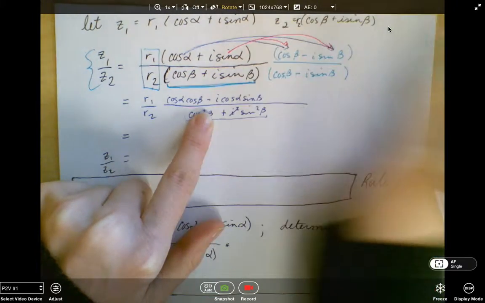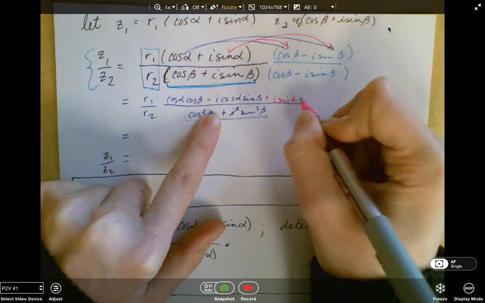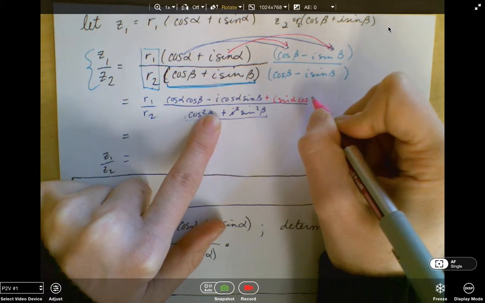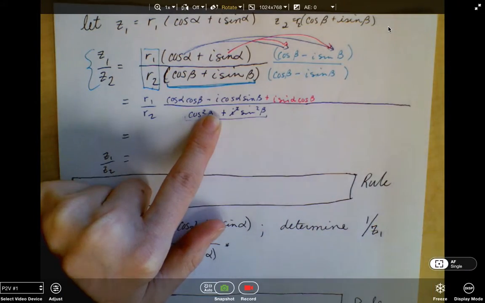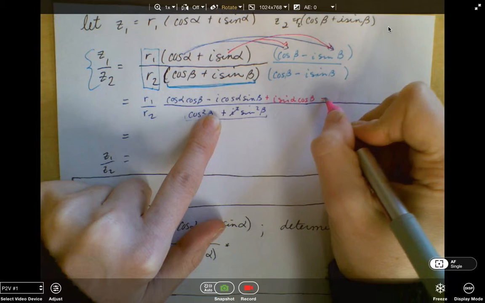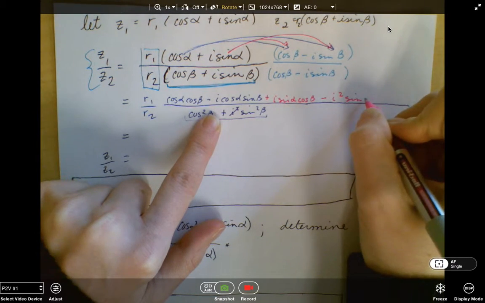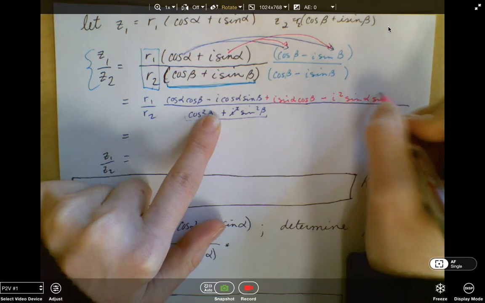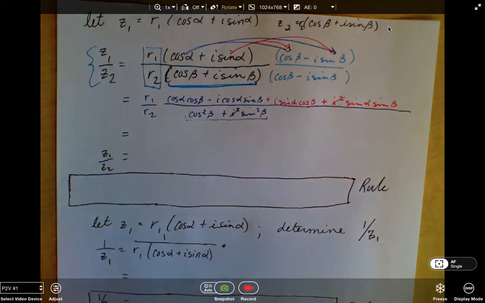In second terms, plus I sine alpha cosine beta. Minus I squared sine alpha sine beta. That becomes minus 1. Multiplied by the minus, that makes it a positive.